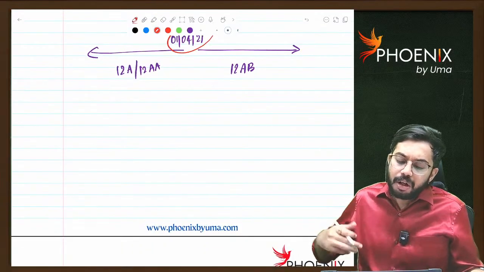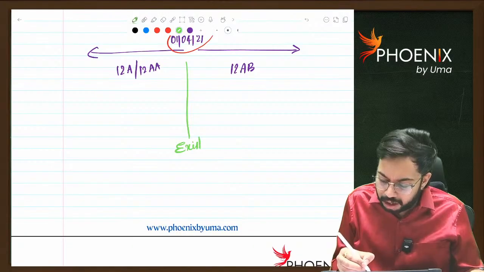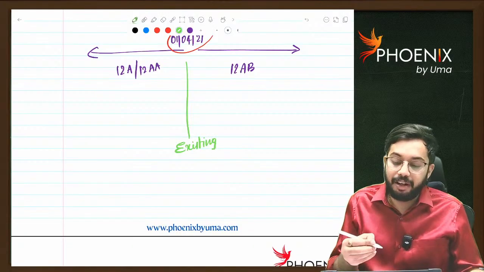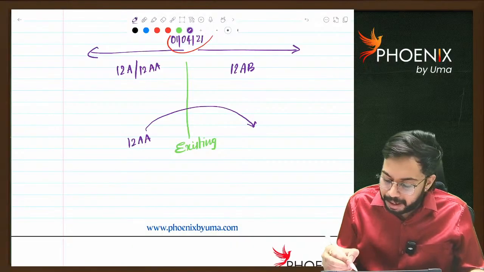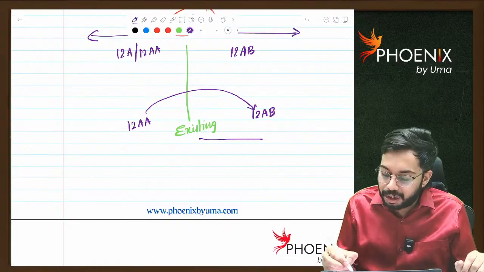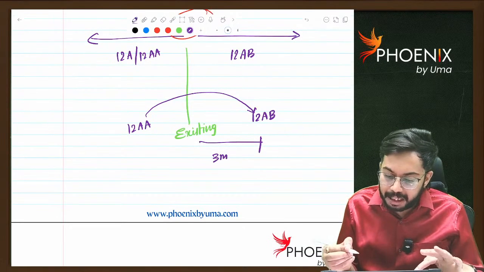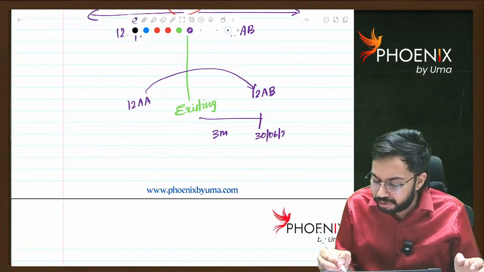Now, those trusts which are already existing as on 1st April 2021 need to migrate from 12AA to 12AB. For migration, they were given 3 months. Within 3 months, 3 months means what? 1st April 2021, 3 months means 30 June 2021.